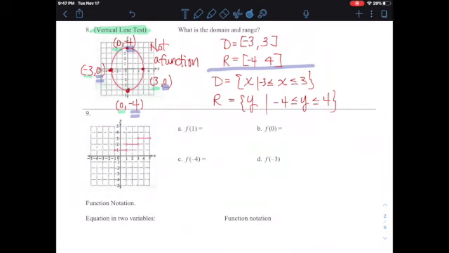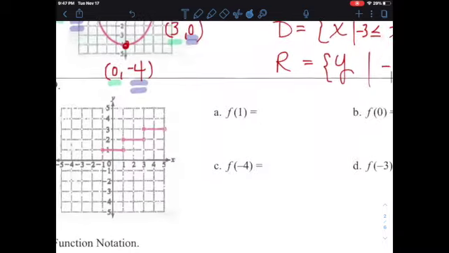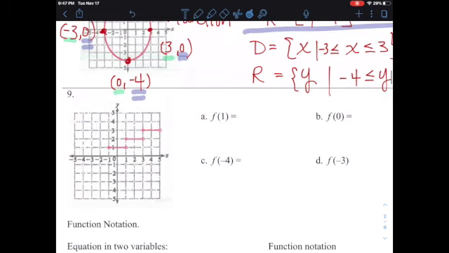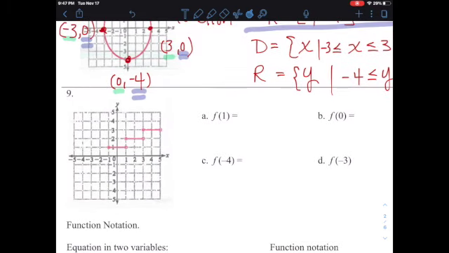Next problem is really easy, but you have to listen carefully. Okay, so the next problem is number 9, and the answer literally is there. You just have to identify this. And just so you know, some of the people in calculus do this. Okay, so please pay attention, or pre-calc.